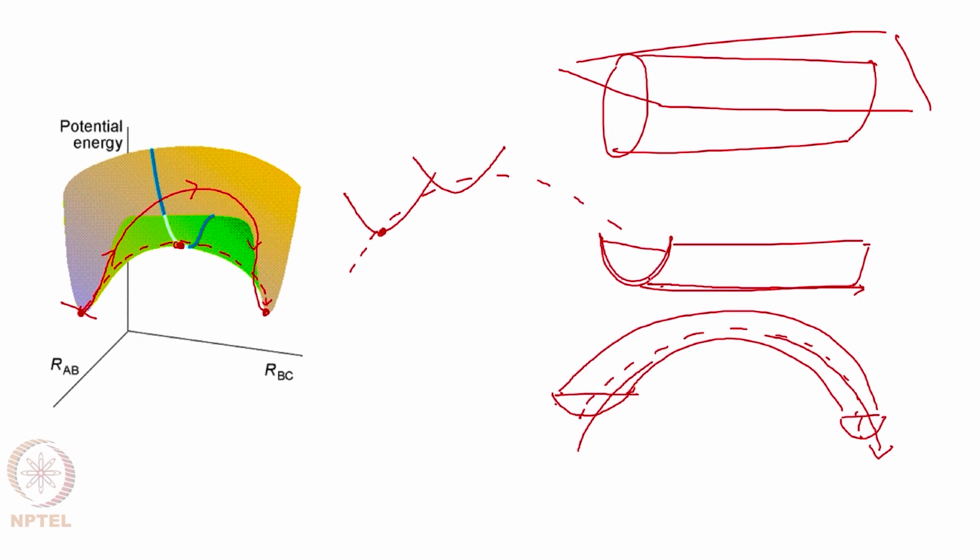But when I bend the tube, you will hit a point where you are at the maximum along your direction of movement, but at the minimum along the other direction. Now this point is known as a saddle point.